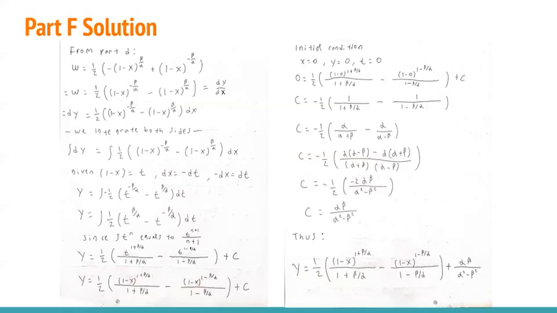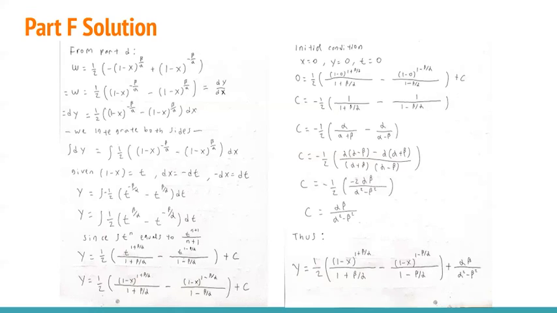So this means that the equation becomes y equals 1/2 times t to the power of 1 plus beta over alpha over 1 plus beta over alpha, minus t to the power of 1 minus beta over alpha over 1 minus beta over alpha, plus a constant.